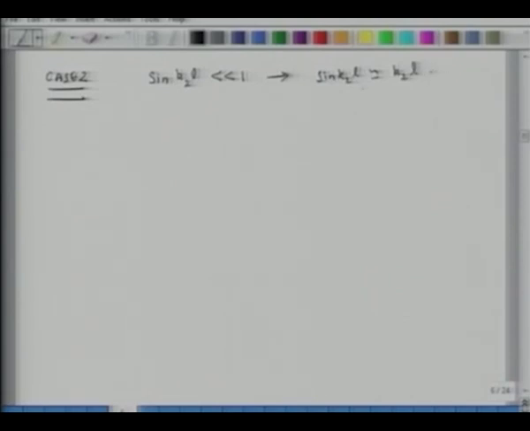And this condition is valid only when L is very small compared to lambda over 2 pi, and lambda is the wavelength of the sound in the second medium. So in medium 2.